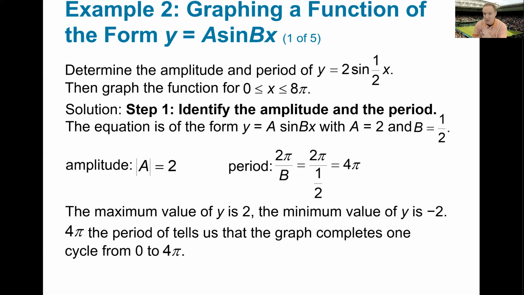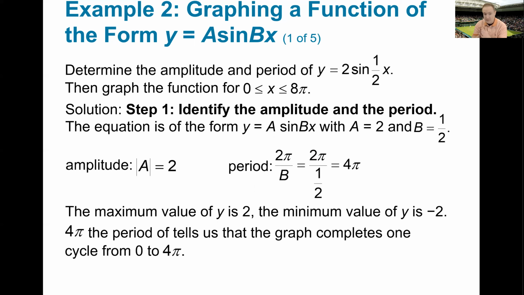Now, in addition to that, I also know its period is being affected. And I can say it looks like the x value is being multiplied by 1/2, but please remember the actual impact horizontally is you're going to divide all of the x values by 1/2. So you say the period normally would have been 2 pi radians. Now it's going to be 4 pi radians.